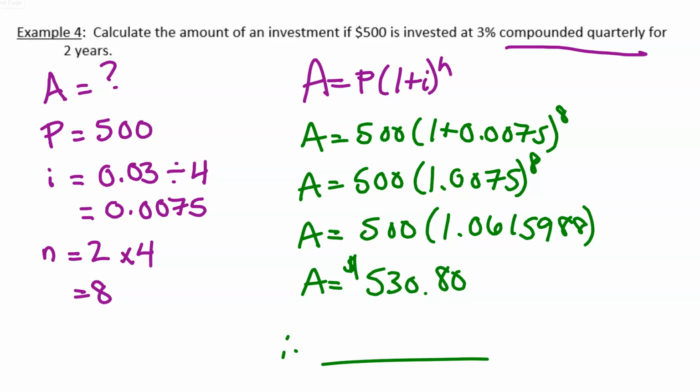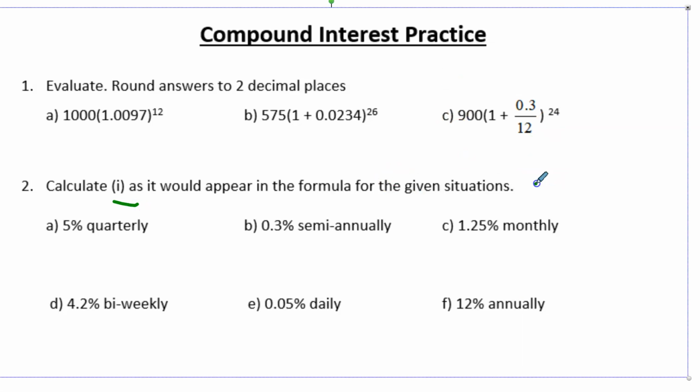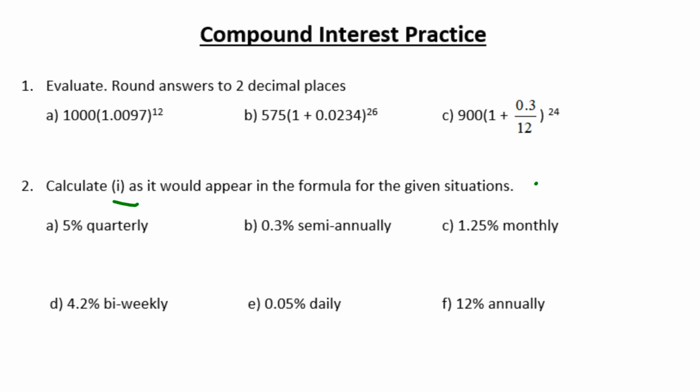Okay? So you're going to go to this practice now. Okay? Just a few things I want you to remember. Okay? When you're calculating your I, your I is your rate as a decimal divided by the compounding frequency.